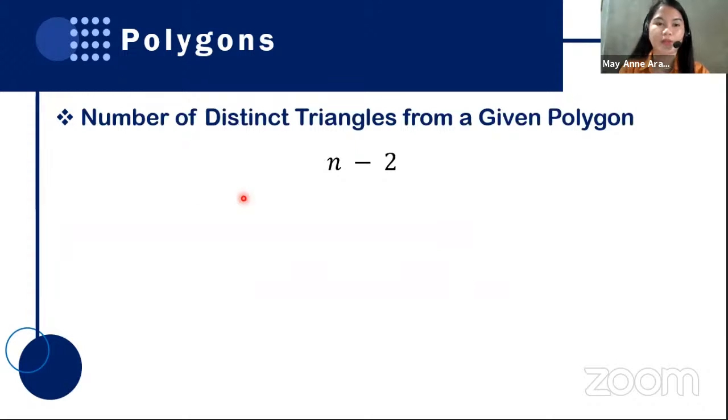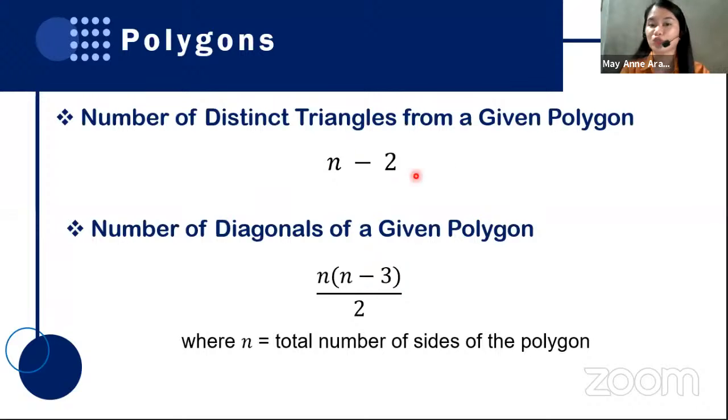Aside from these formulas, you can also determine the number of distinct triangles from a given polygon using this formula: n minus 2. So for example, in a pentagon, how many triangles are there? 5 minus 2, you have 3. So three distinct triangles. And for the number of diagonals, we also have a formula.